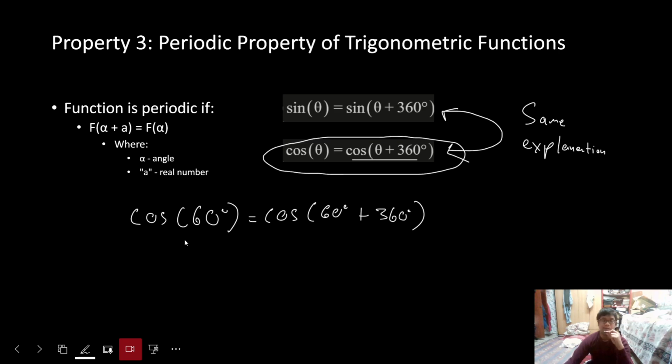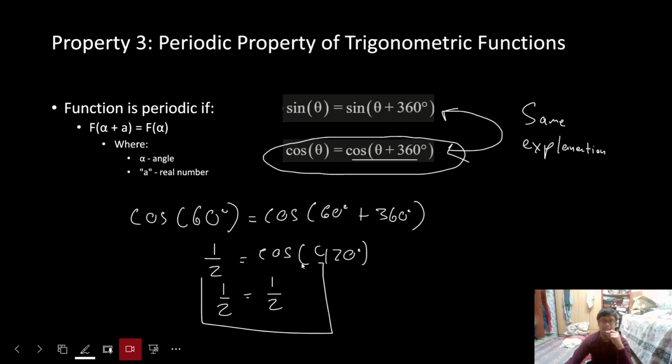So cosine of 60 degrees, the answer here is actually 1/2. And if we add 60 and 360, we have 420 degrees. So this is also 1/2.